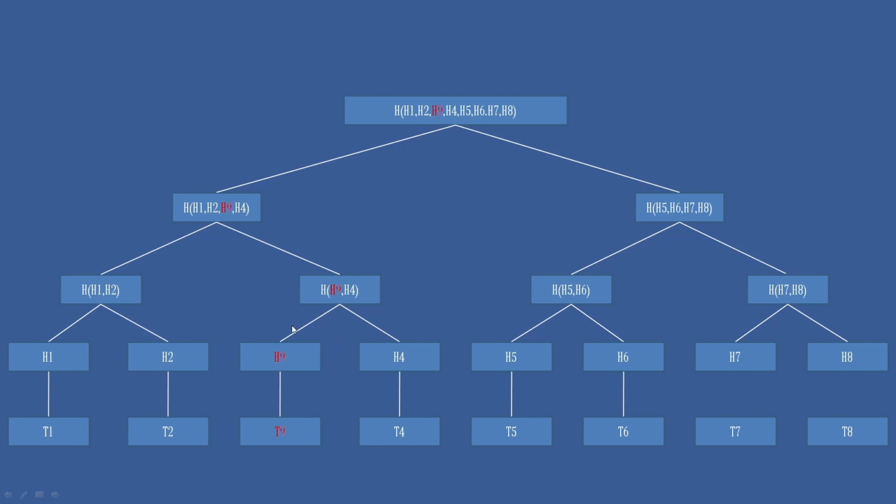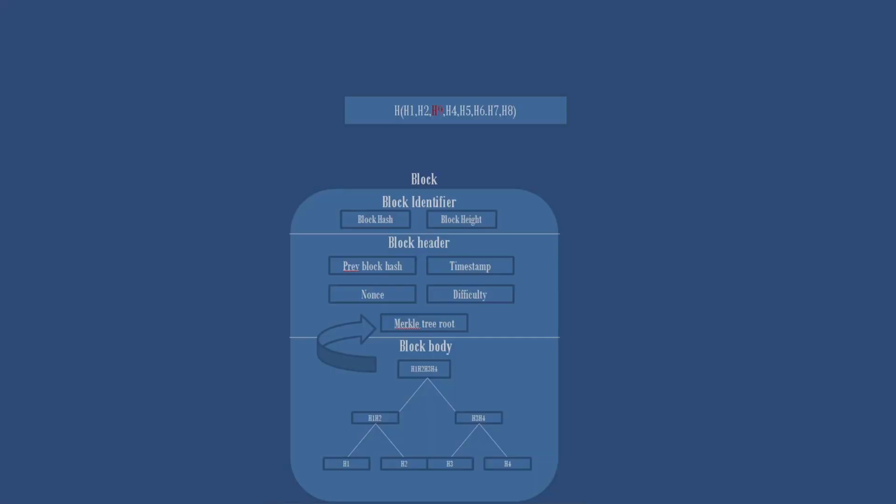Similarly, all of the hashes after that will change, and at last, the root hash will also change. So when the root hash changes, the Merkle tree root will change in the block header. And as the block hash is created by putting the block header elements in SHA-256, the block hash will also change.